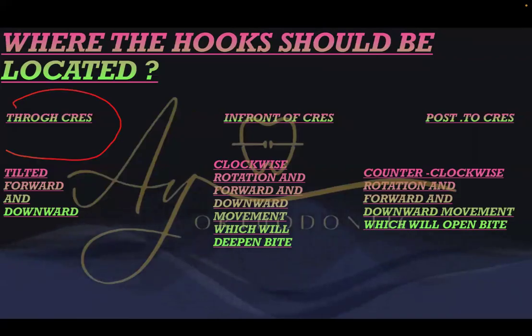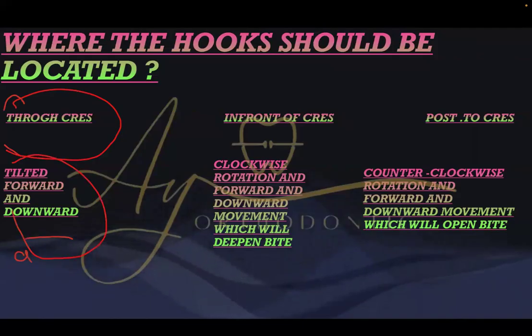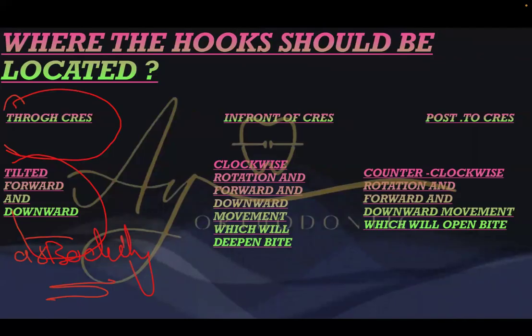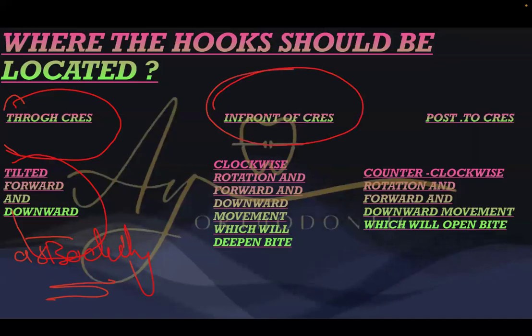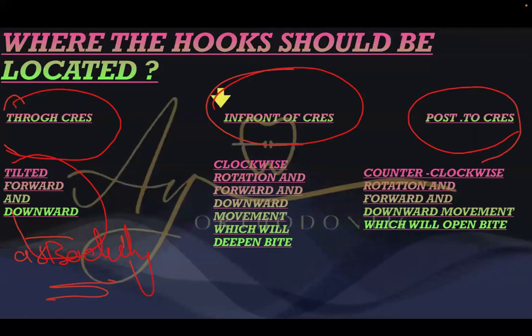Through the center of resistance, it will move the maxilla forward and downward as a bodily movement, no moment and no tipping, because I'm going through the center of resistance. If I place the hooks in front of the center of resistance, what will happen? And if it's posterior to the center of resistance, what will happen?